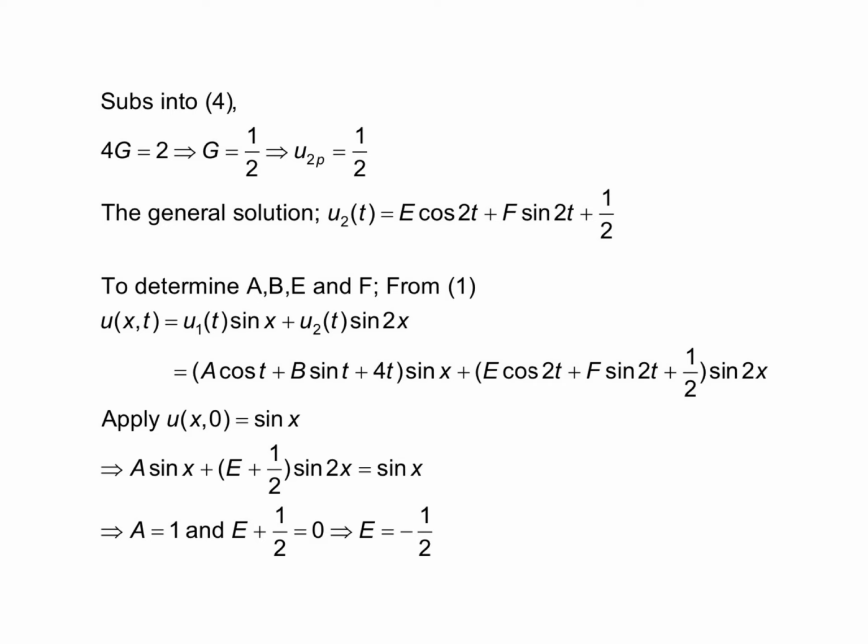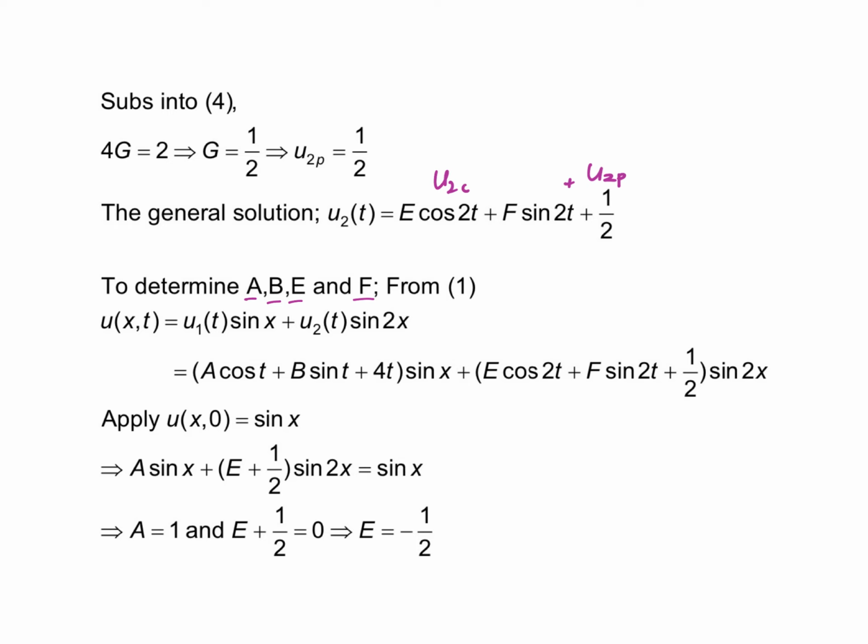Now let's just write the general solution where we have u2(t) equal to u2c plus u2p. And we will have E cos 2t plus F sin 2t plus 1 over 2. Now we are going to find the values of A, B, E, and F in the general solution.